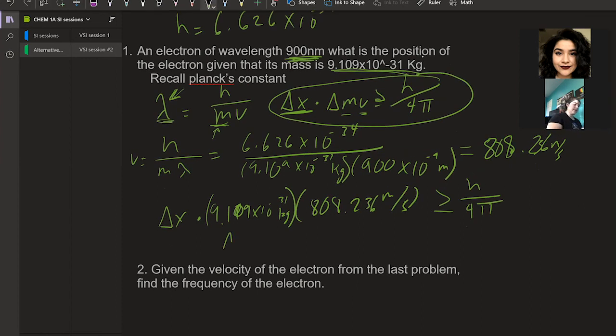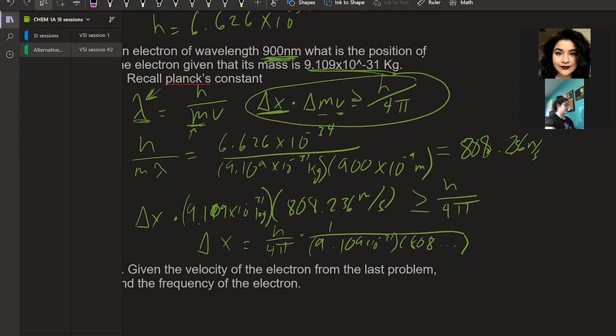So delta x is equal to Planck's constant over 4 pi times 1 over 9.109 times 10 to the negative 31 times 808 meters per second.